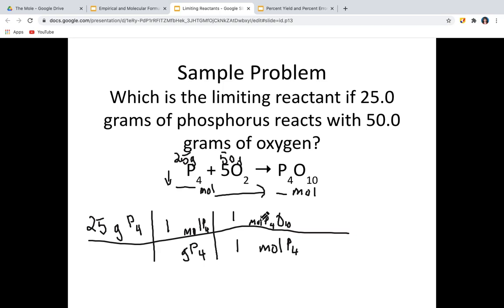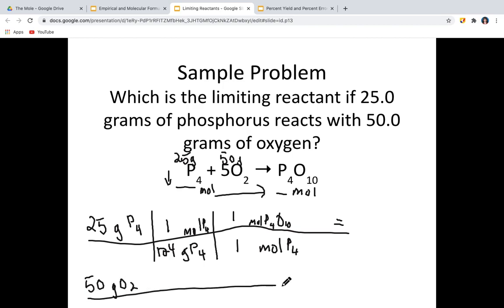If we multiply that by 4, that's going to be 124 grams. So multiply across the top, divide by what's on the bottom. And then, like I said, we essentially have the same thing set up for that O2.